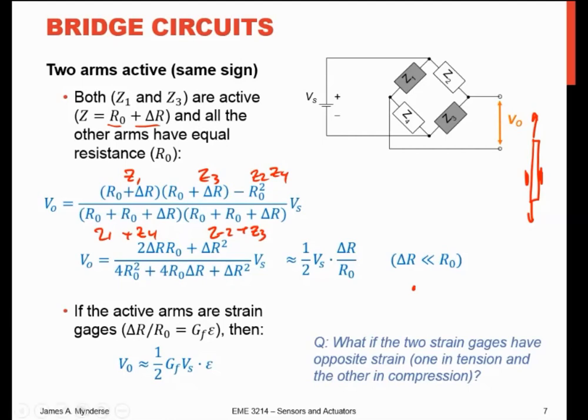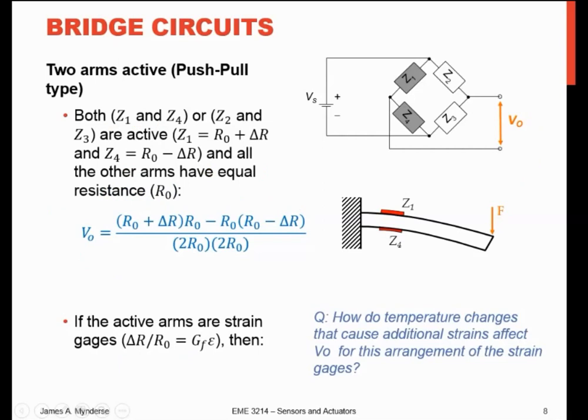And I can do things. If my beam is in bending, for example, I'm going to get one strain gauge in tension, one strain gauge in compression. I put those on the same leg, okay? And there's the equation. Again, I'm not going to run through it. I've got the same gain of 1/2 here because I have two strain gauges working together.